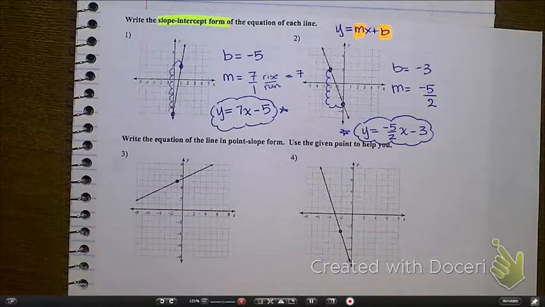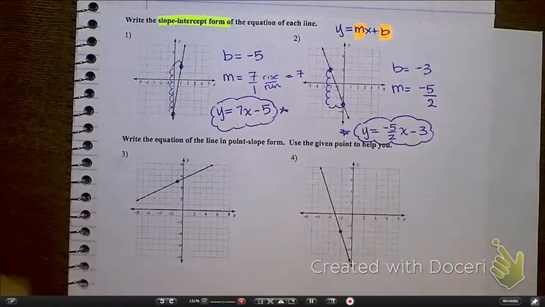Let's now take a look at the next examples. On the next examples, what form is it asking you to write the equation of the line in? Yeah, point slope. Let's recall what point slope form looks like. Is there anyone that remembers what the generic equation for point slope form looks like?